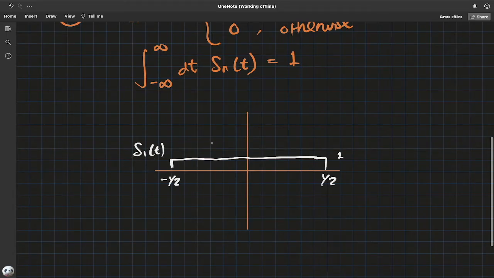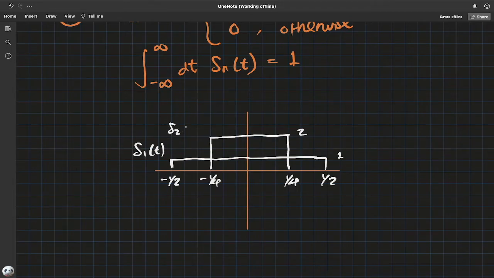I'm just going to draw some terms of the sequence. Then we have something like this, negative 1/4, height of 2, delta sub 2, and then something like this, negative 1/6, delta sub 3 of t with a height of 3.